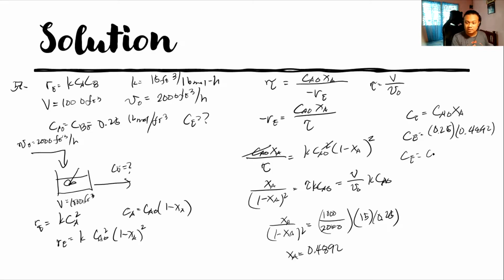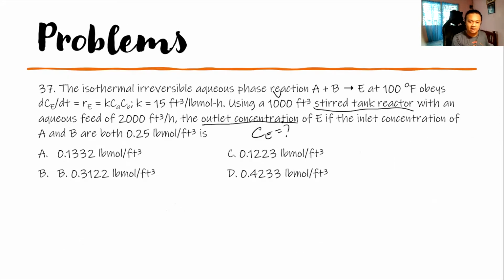Okay, so 0.1223 pound mole per cubic feet. Okay, that's it. That's how you find the CE, diba? And that's letter C.